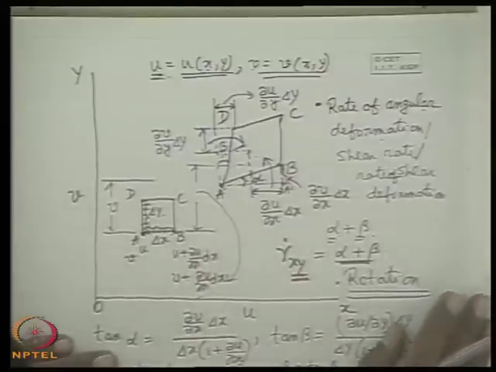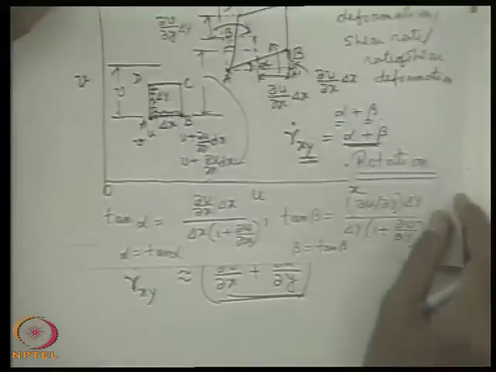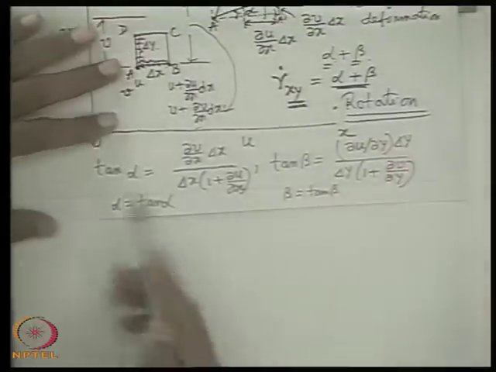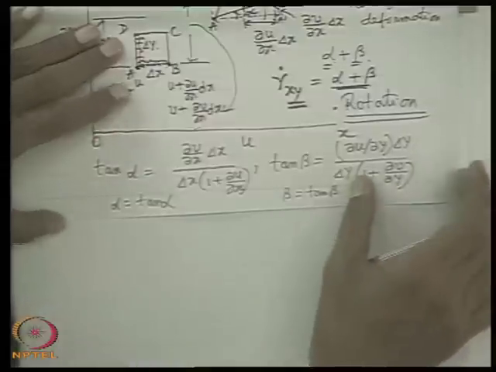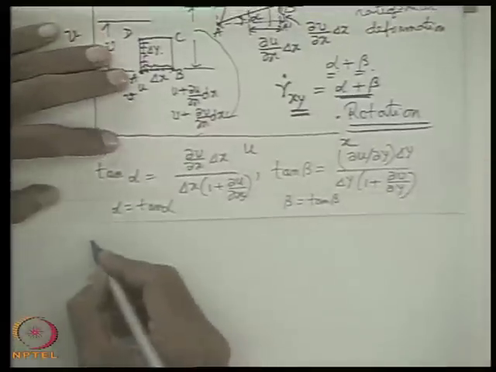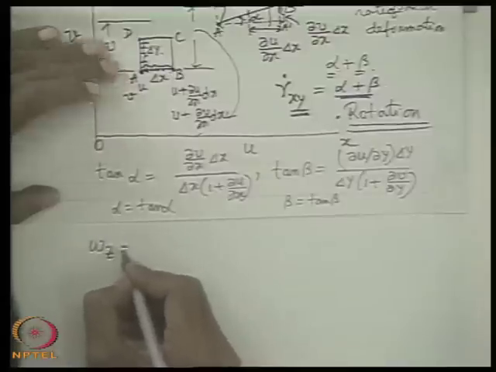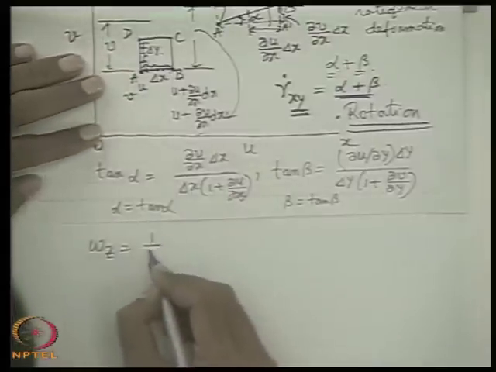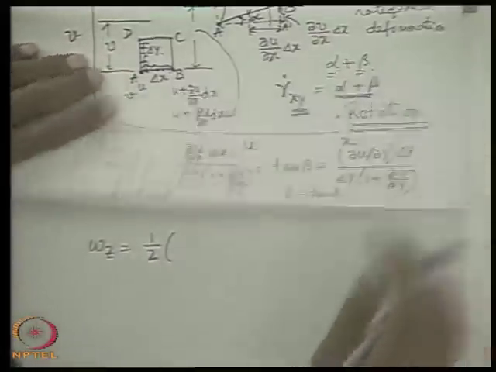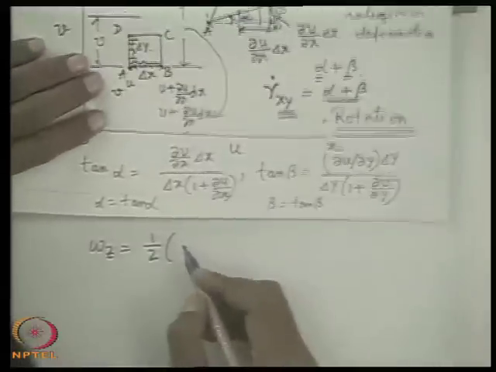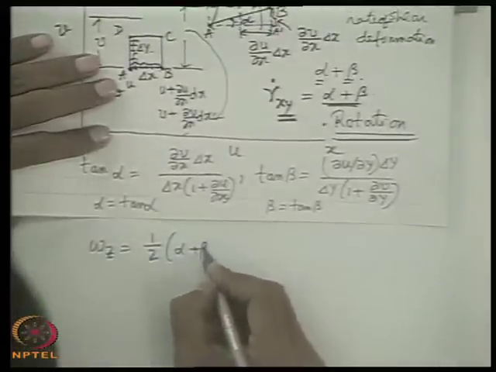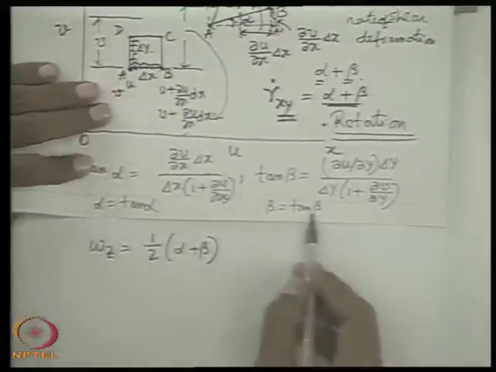So, therefore, from this we can write that the rotation is defined with omega about the z axis for the point A as half of alpha plus beta. So, what is alpha plus beta?